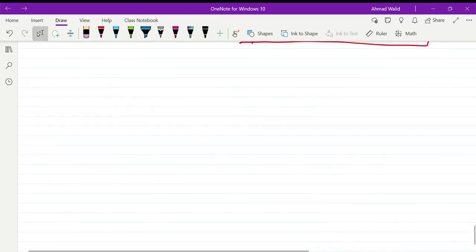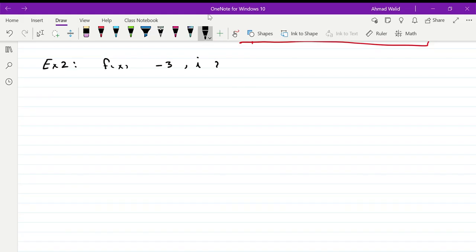Let me do another example also for you. Example number 2. The instruction is the same as example number 1. Find a third degree polynomial function f of x, but the third degree, not fourth degree, with real coefficients, where negative 3 and i are the zeros.